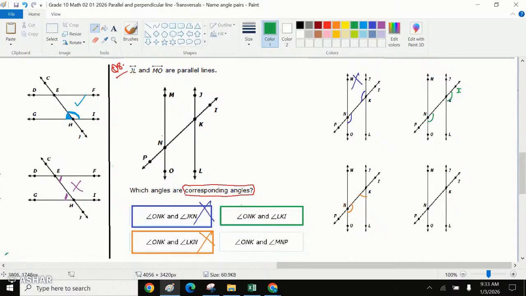We see a formation of F. Yes, we do. We see a formation of F in which the given angles were this and this, right? This was I. That means this is corresponding. This was not. This is. Let's look at the last option.